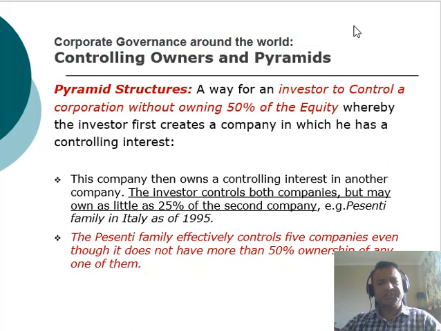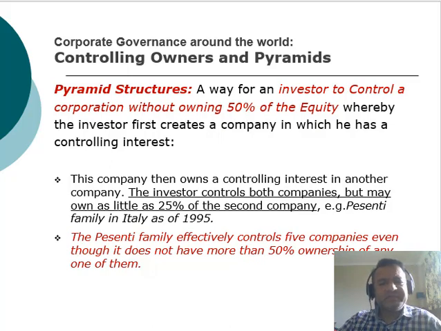And a pyramid structure is another way of controlling the owners. This structure can allow a small number of shareholders to control the company without holding more than 50% of the shares. For example, this is a way for an investor to control a corporation without owning 50% of the equity.